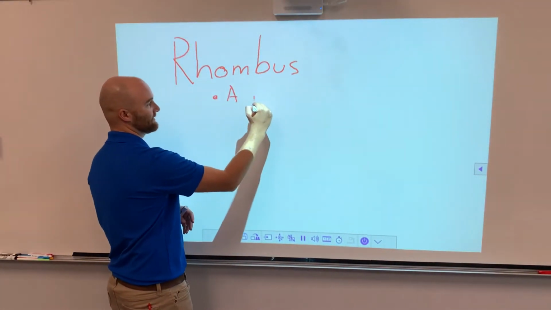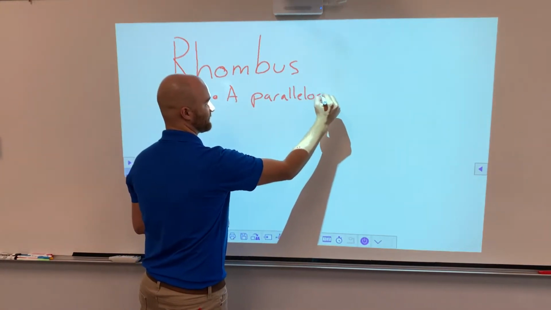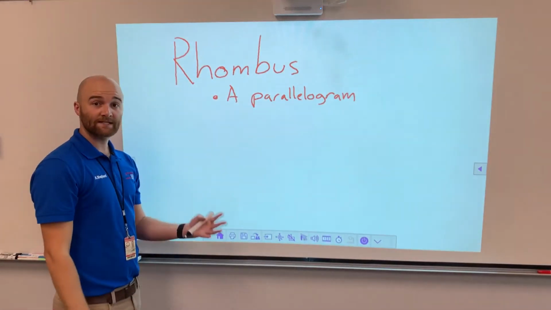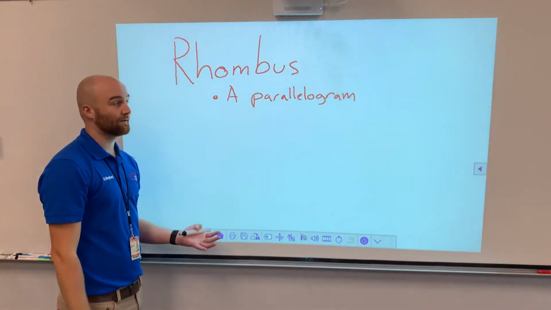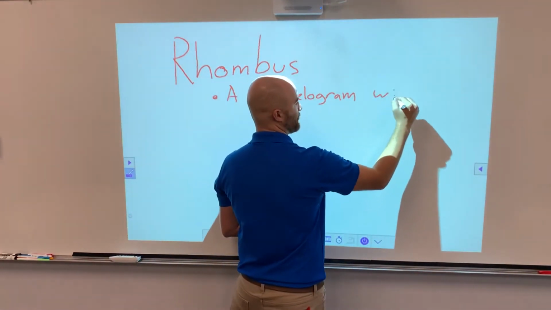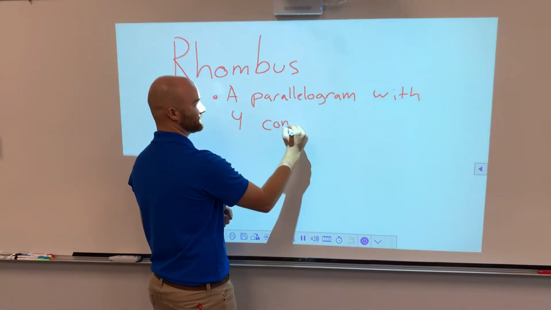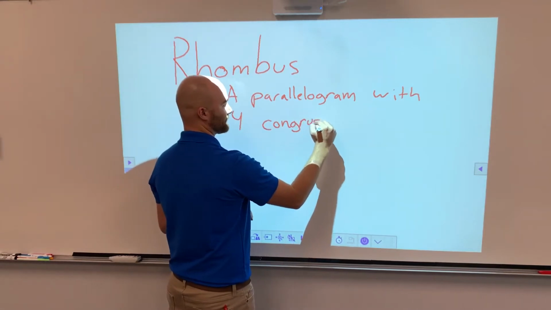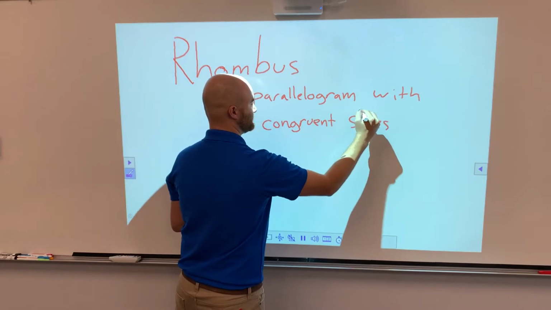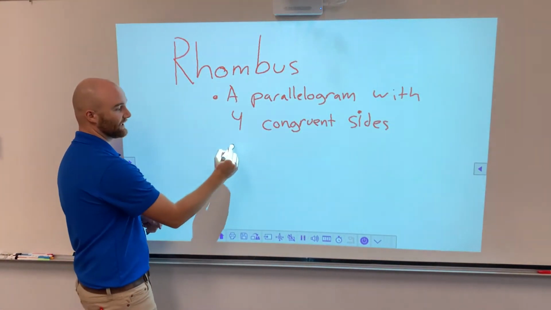It's a parallelogram where instead of, like a rectangle, all of the angles being the same, a rhombus has all of its sides the same, with four congruent sides. Now, normally when people are talking about rhombuses, they're talking about things that look like diamonds.